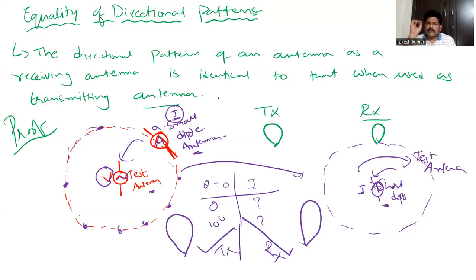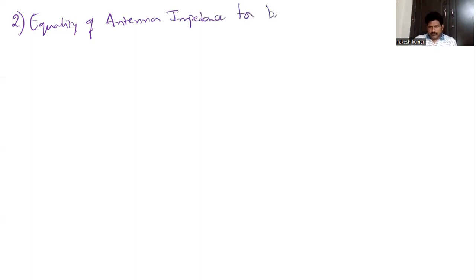That means the impedance of an antenna when it is used as transmitting is the same as the impedance when it is used as receiving. The second one is equality of antenna impedance for both transmitting antenna and receiving.